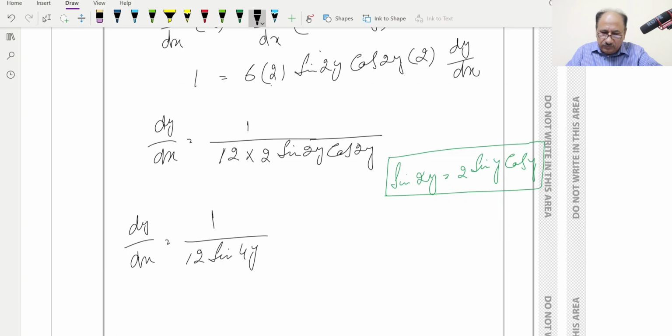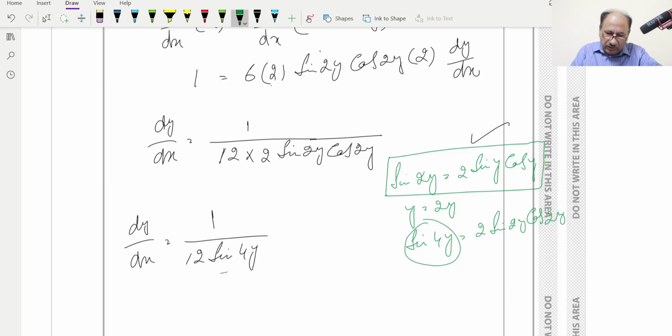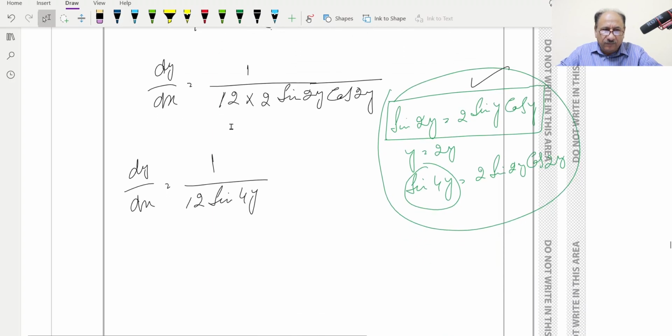So for this explanation, we can put in this formula, we can put y equal to 2y. So sine 4y will be equal to 2 sine 2y cos 2y, and this is the sine 4y which we have utilized over here. Hopefully you understood this. Basically we are using this process for sine 4y.